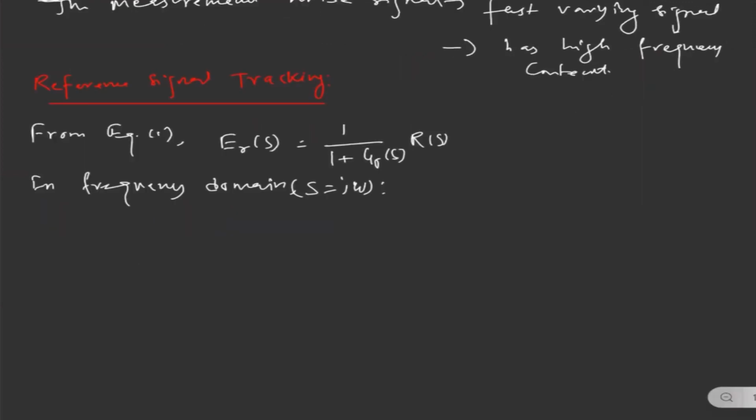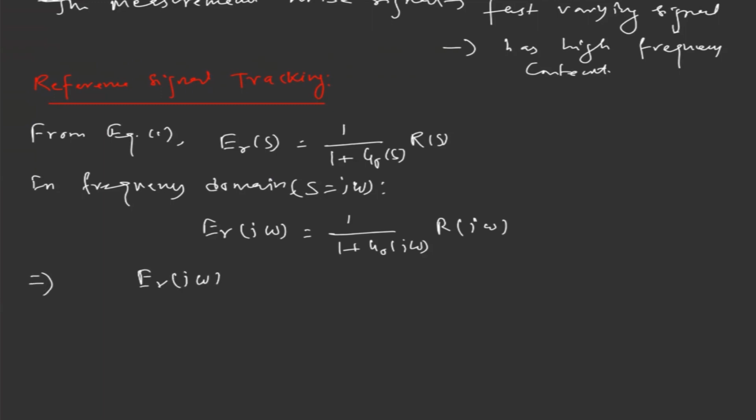We can write E_R of j omega equal to 1 by 1 plus G naught of j omega, R of j omega. And if you write in magnitude form, the magnitude of E_R of j omega is 1 upon 1 plus G naught j omega, times R j omega.